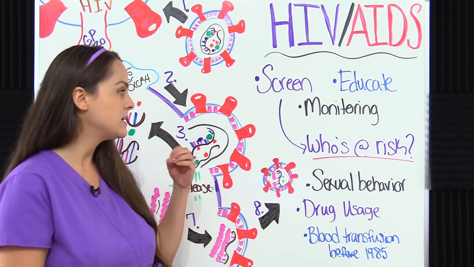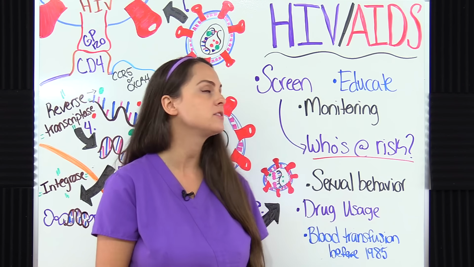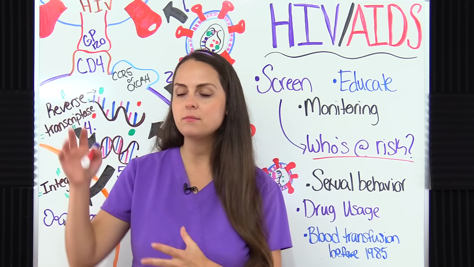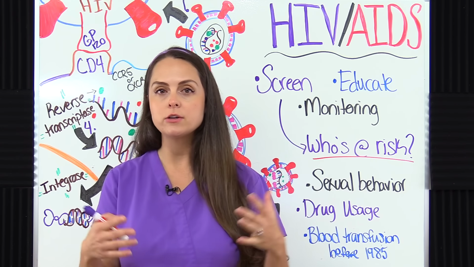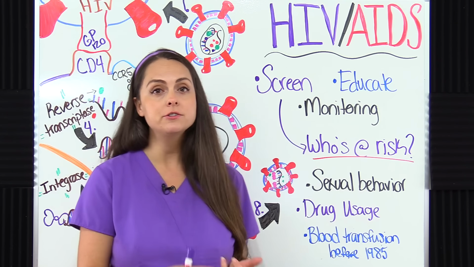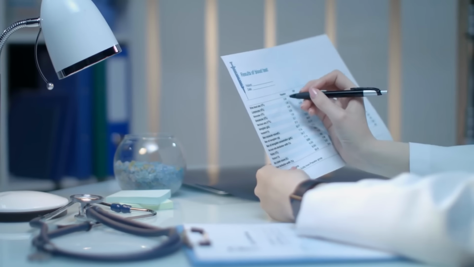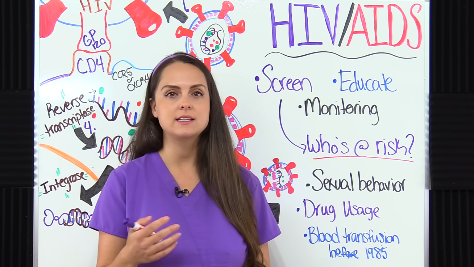So all we have to do is ask specific questions, and that can help tip us off if this patient needs a test or not. Plus, we can help with educating them about the disease, how to prevent transmission, about antiretroviral therapy, etc. And monitoring the patient, monitoring their labs, knowing what tests have to be ordered, what's normal, what's not, the progression of the disease, opportunistic infections, etc.